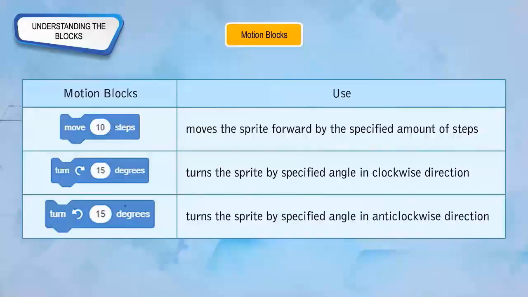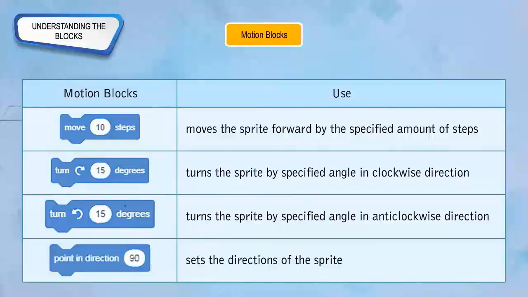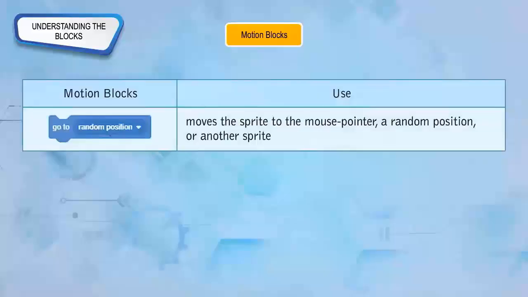Turns the sprite by the specified angle in anti-clockwise direction. Point in direction 90. Sets the direction of the sprite. Go to random position. Moves the sprite to the mouse pointer, a random position or another sprite.